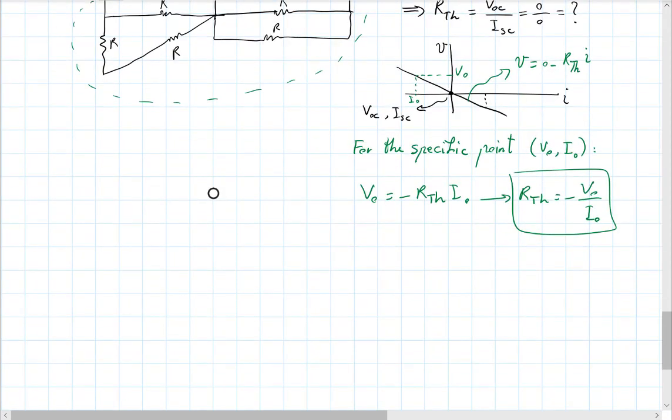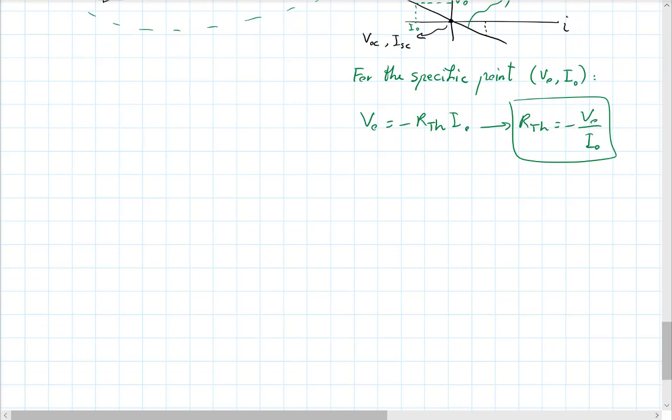So to summarize this, it is simply the Thévenin or Norton equivalent.